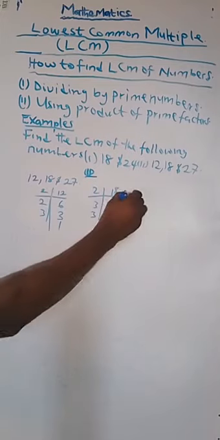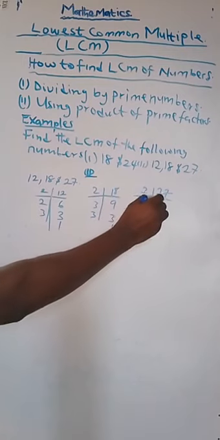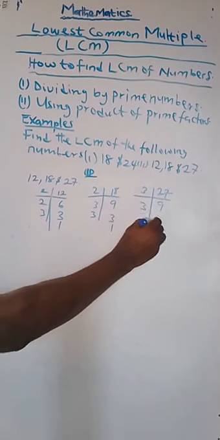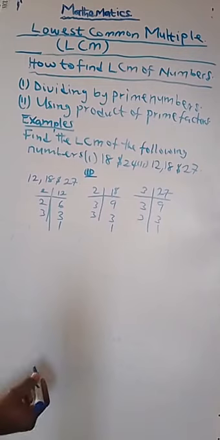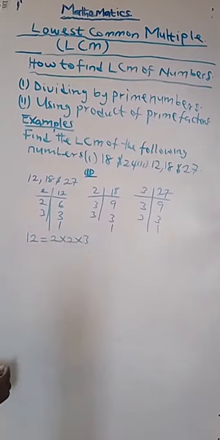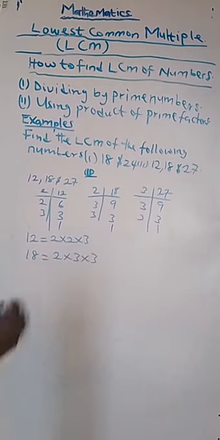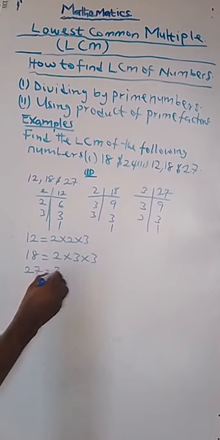What is 27? 3, 9, 3, 3, 3, 1. Now let's put them together. So 12 is 2 times 2 times 3. 18 is 2 times 3 times 3. Then 27 is 3 times 3 times 3.